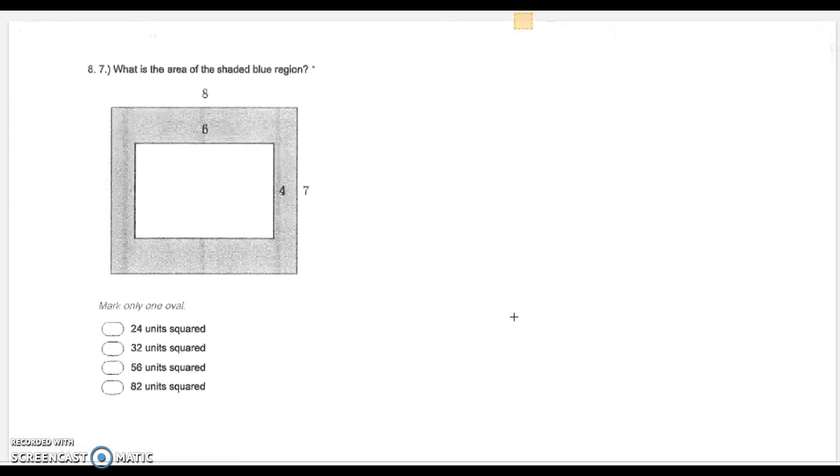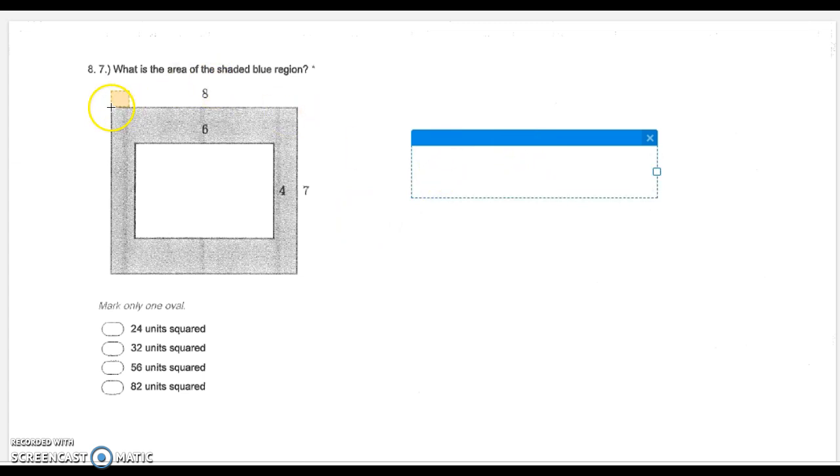And then the last one, what is the area of the shaded blue region? Well, in this case, it would be gray. It doesn't show up as blue. So what I would do here, I'd figure out the area of the whole rectangle. The big rectangle would be 8 by 7, which is 56.